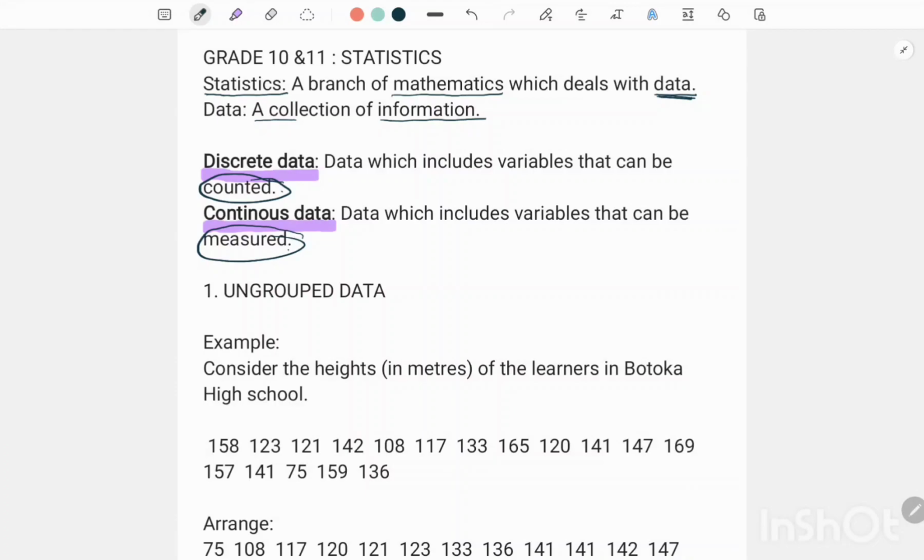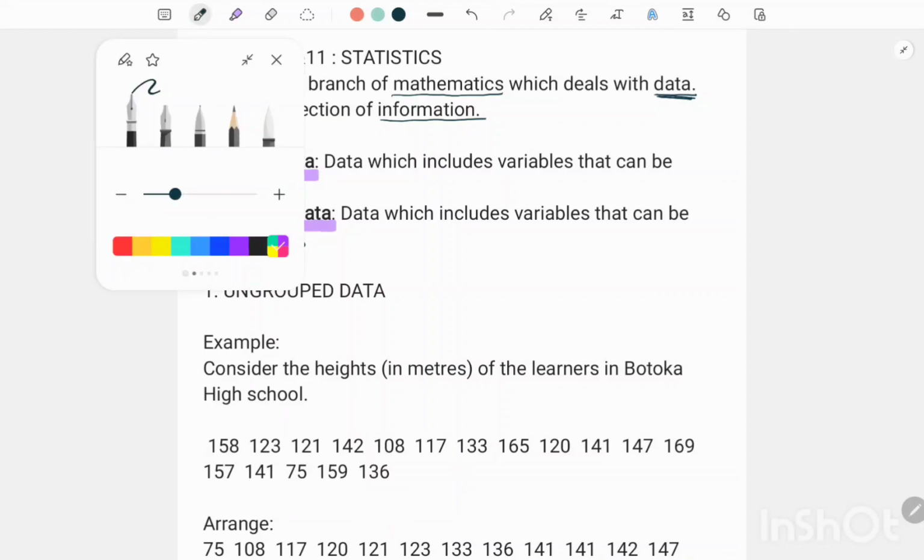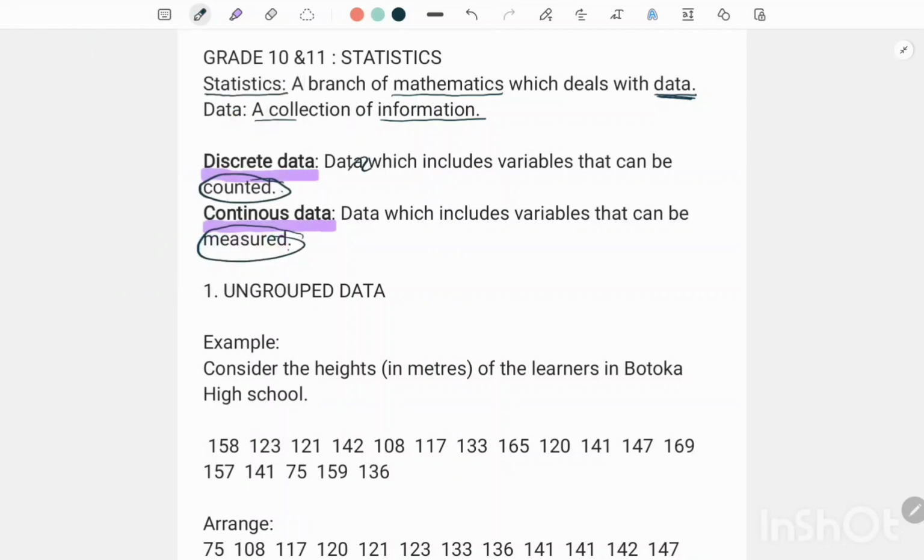So let's say, for instance, for discrete data, the number of boys in grade 10A. So I can count the boys, so it means it is a discrete variable which leads to a discrete data.